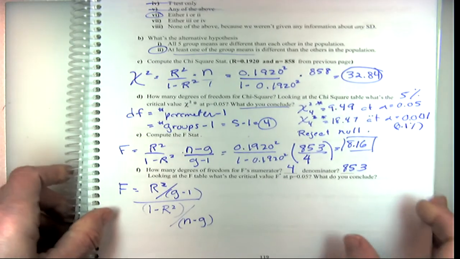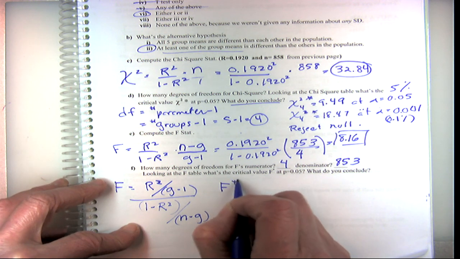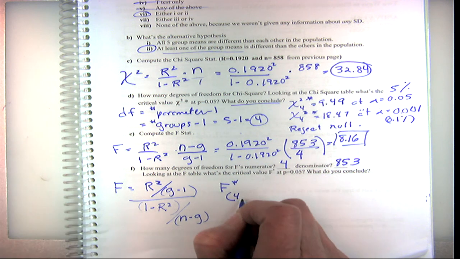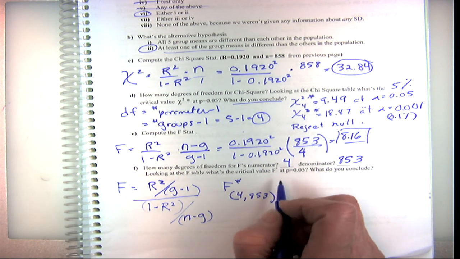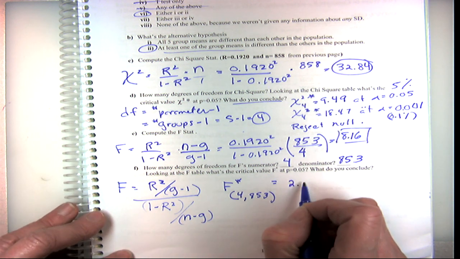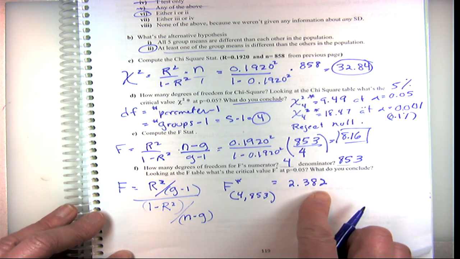So we'd have to look online for this. And so I already did, and the critical value for the curve that has 4 degrees of freedom in the numerator and 853 in the denominator is 2.382.